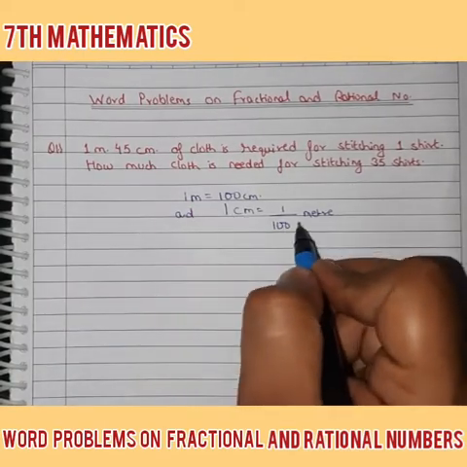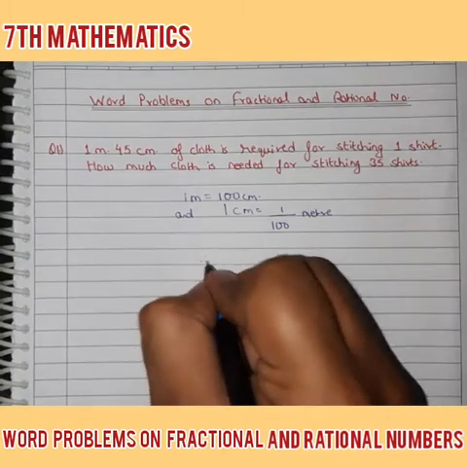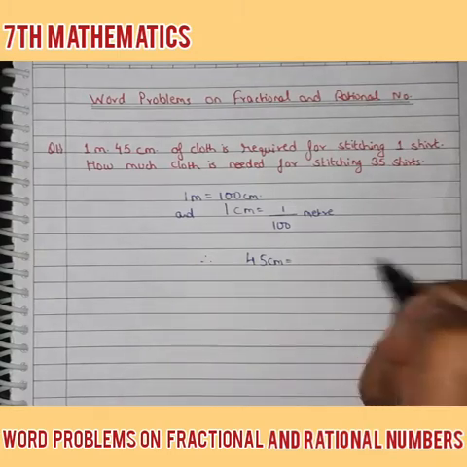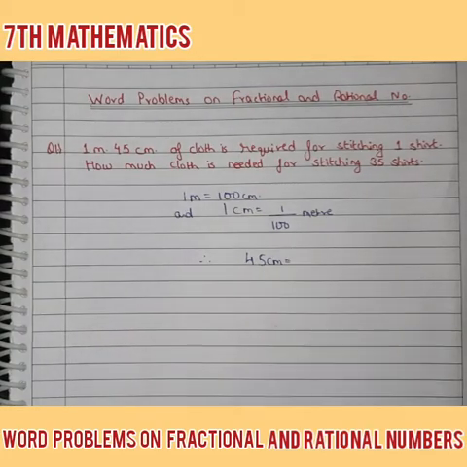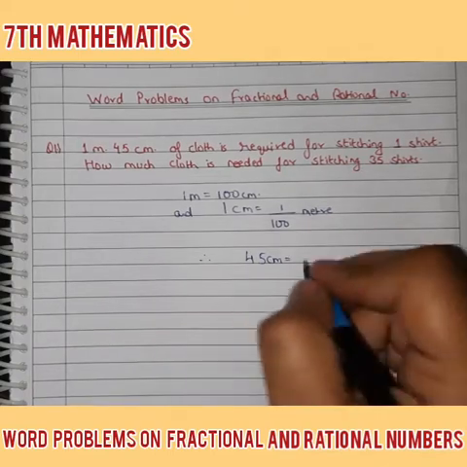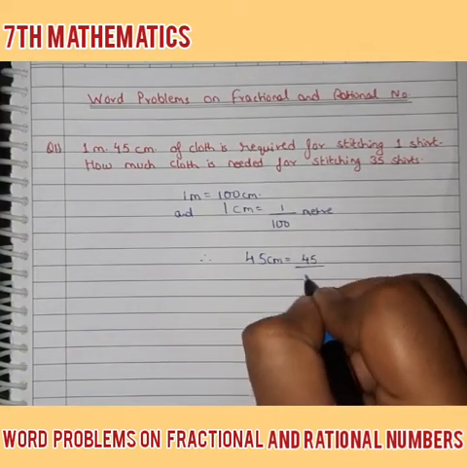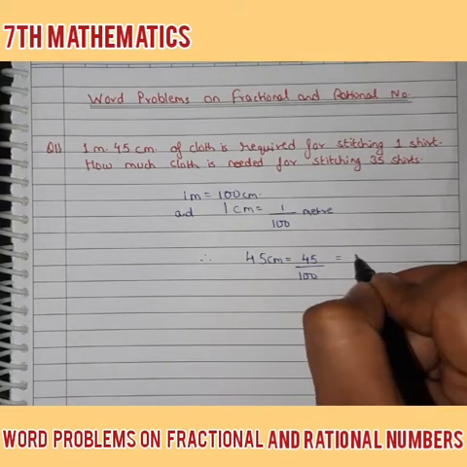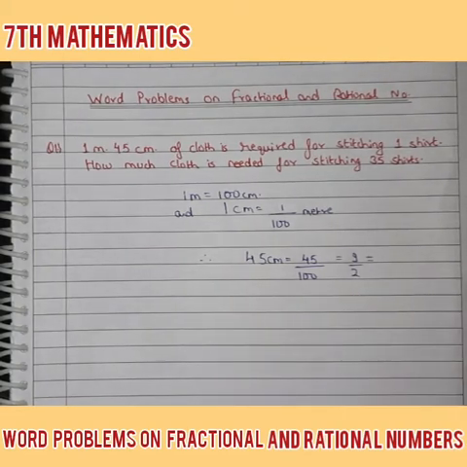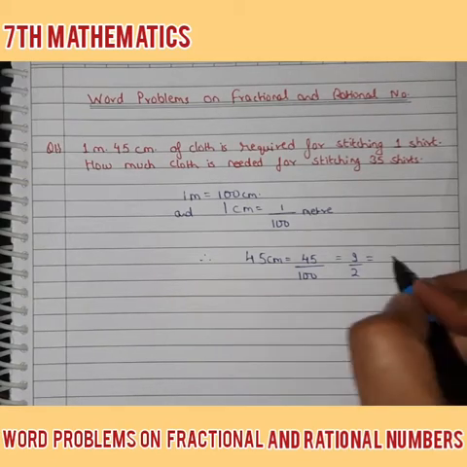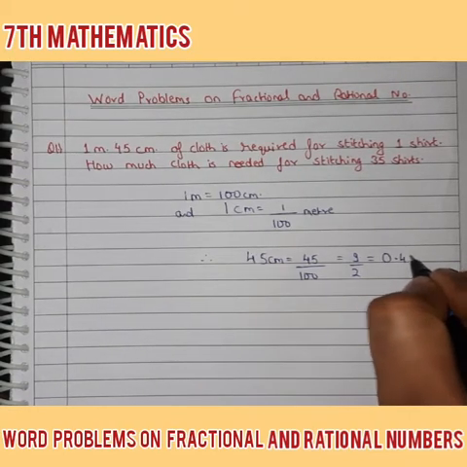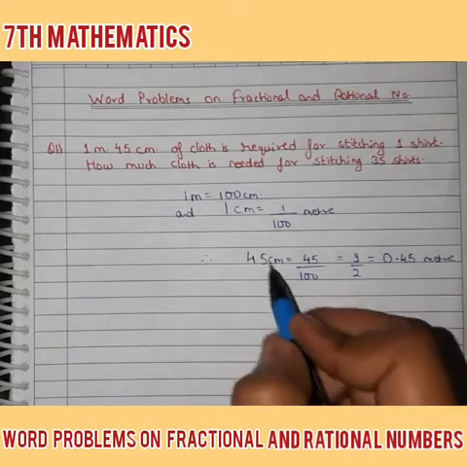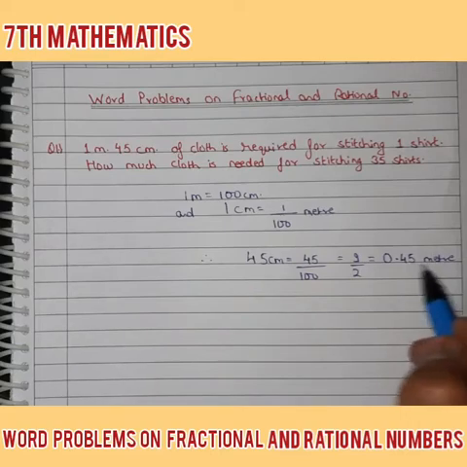Since 1 centimeter is equal to 1 upon 100 meter, therefore 45 centimeter will be equal to 45 upon 100, that is 9 upon 20, and on further simplifying it will be 0.45 meter. So with this, 45 centimeter is converted into meter.